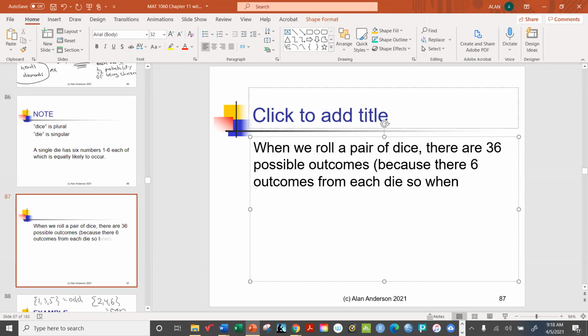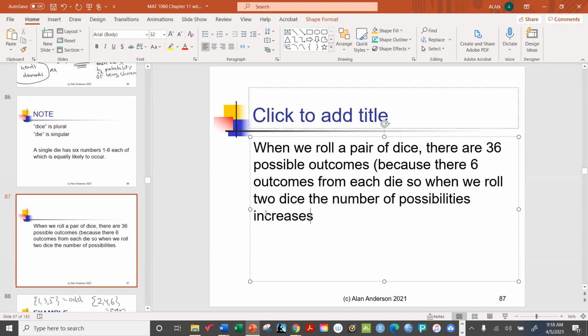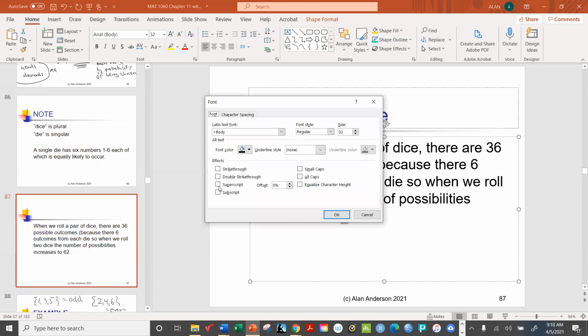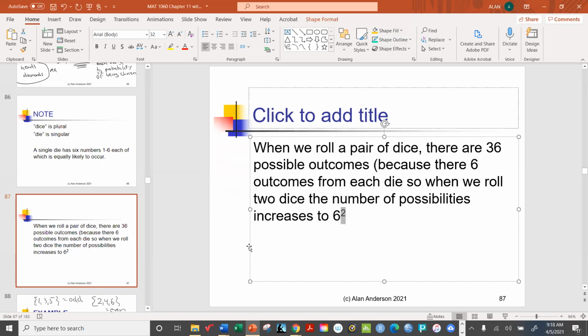So when we roll the dice, 2 dice, the number of possibilities increases to 6 squared, which is equal to 36. So in other words, every time you roll the die, the number of possibilities is multiplied by 6.